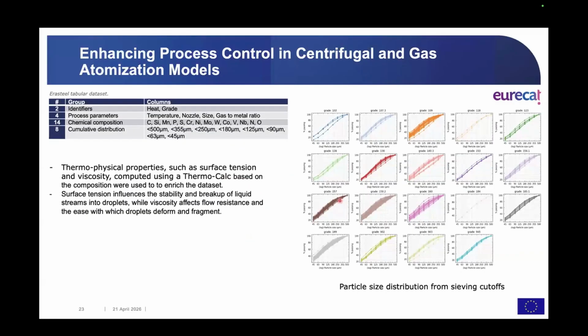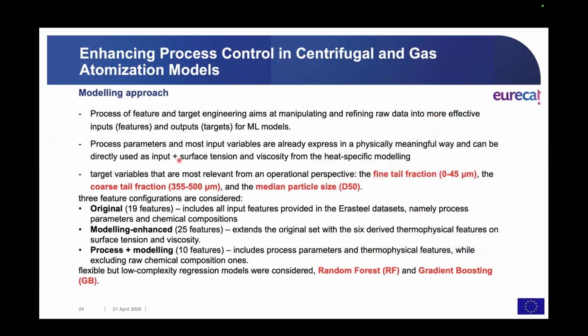Again, we can get lots of data: the temperature, gas to metal ratio, chemical composition, and different things. It's a big amount of information that we can get from gas atomization processes.